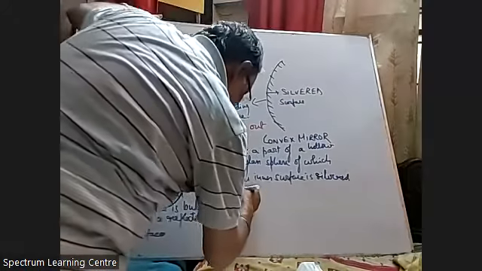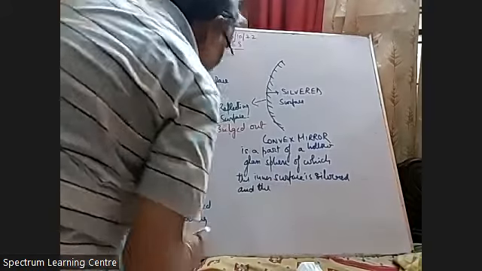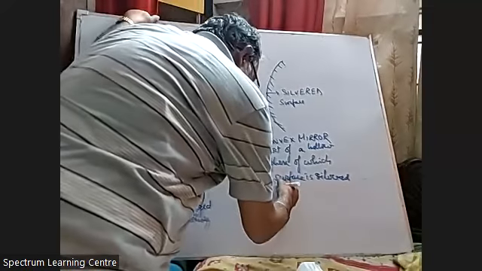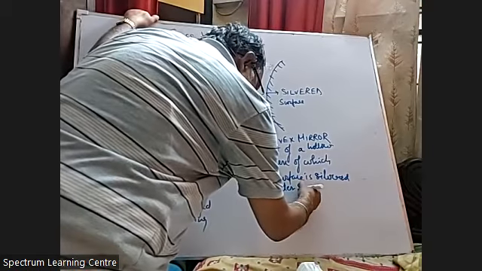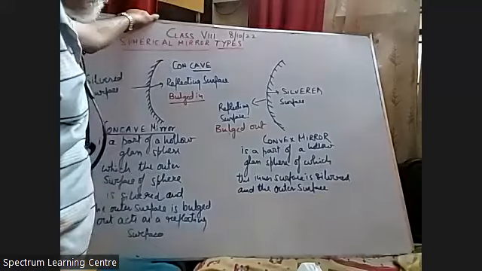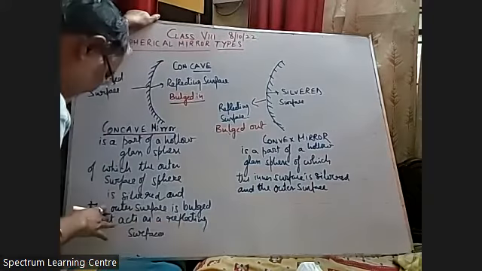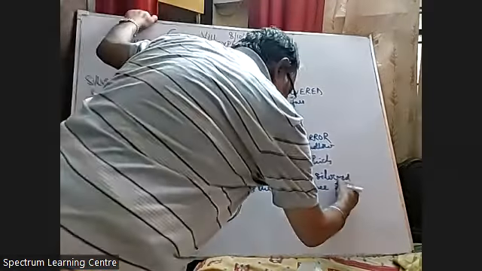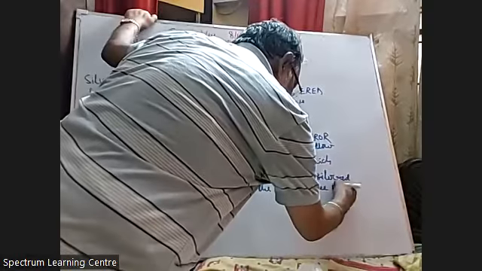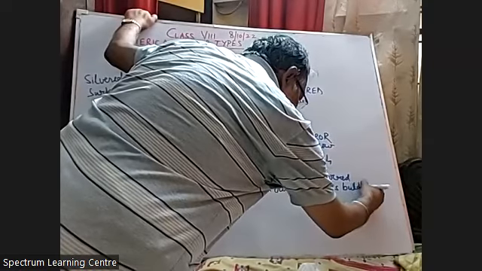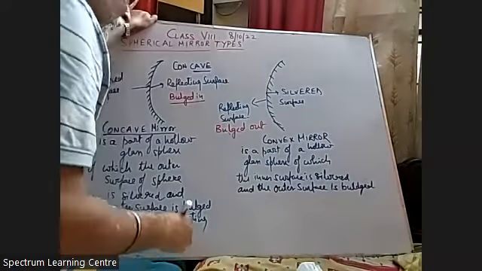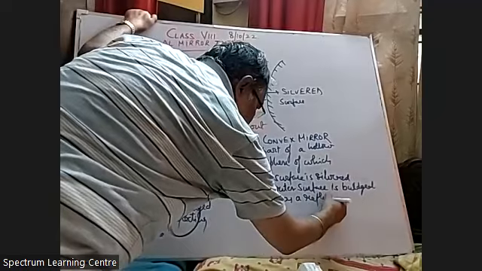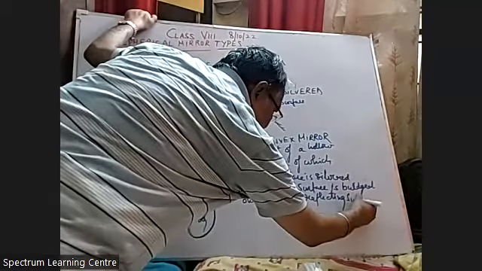The inner surface is silvered and the outer surface is bulged out, which acts as a reflecting surface.